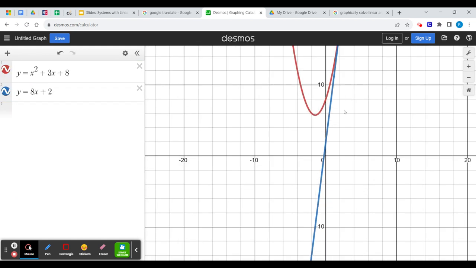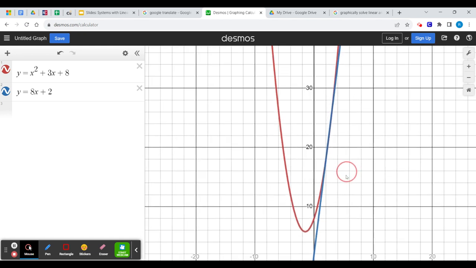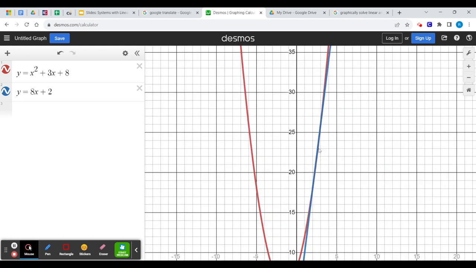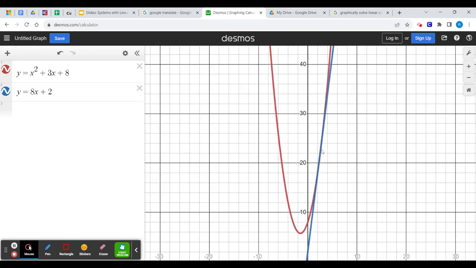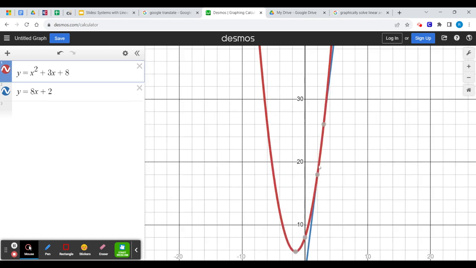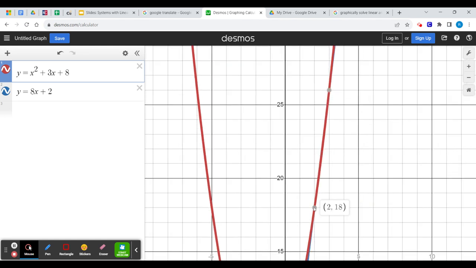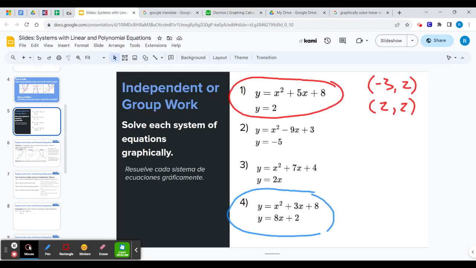I might have to do some scrolling out, and it looks like the blue line just clips the red line, so it's tough to tell if there are solutions. But if I click on either of those graphs, Desmos will highlight those intersections. We can zoom into that point, and we have solutions at 2, 18 and 3, 26.